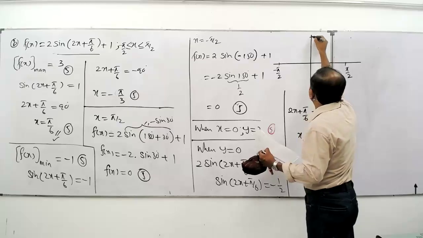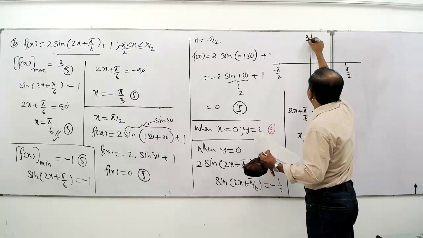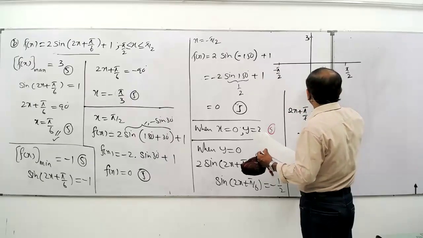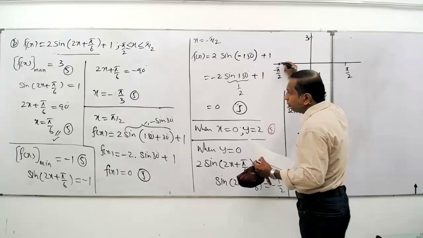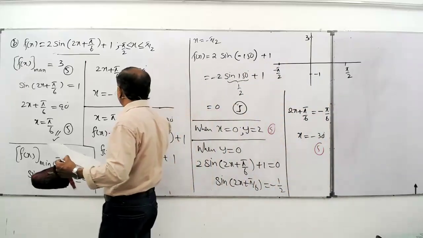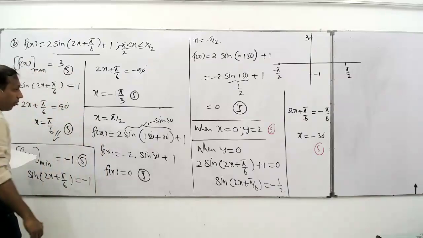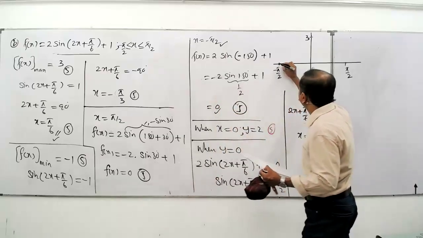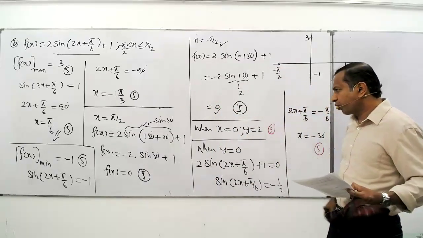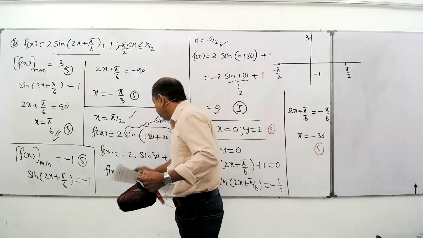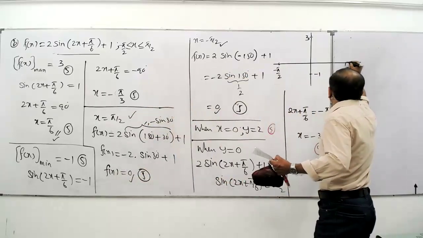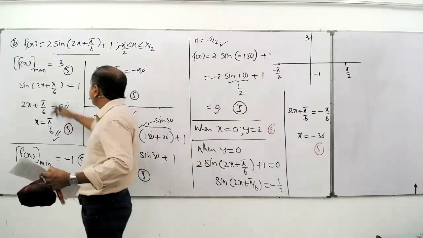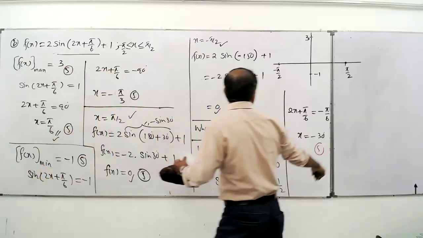The highest value is 3. Suppose here is the y-axis, right? The least value is minus 1 here. At x equals minus pi by 2, y is 0. We found where? At x equals minus pi by 2, y is 0. Where is that? Here. This point. And x equals plus pi by 2 here, y is 0 point. Okay.